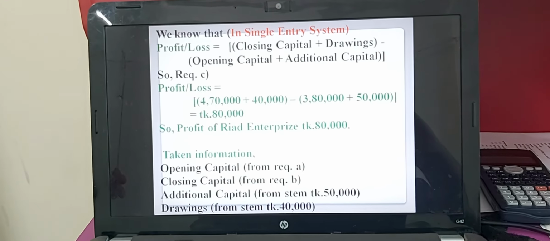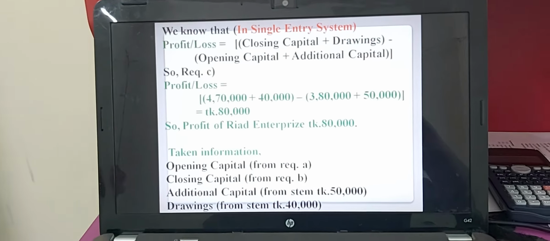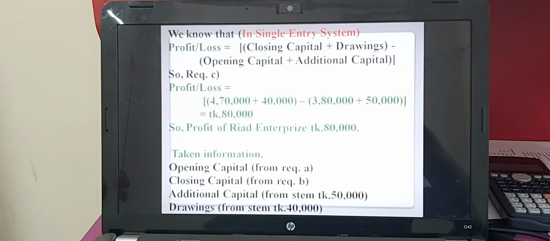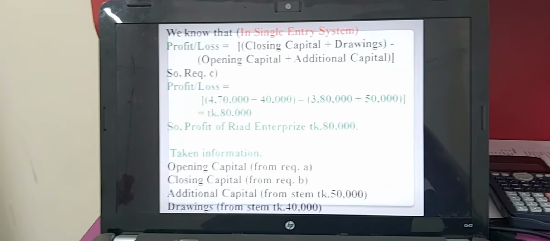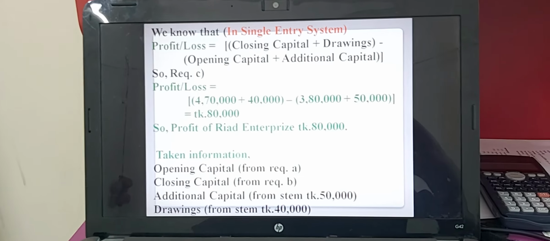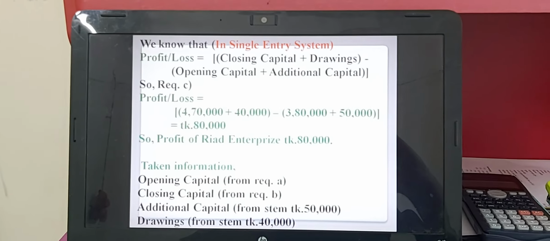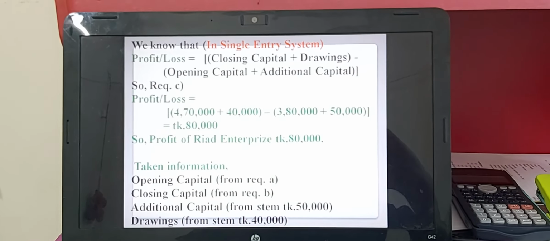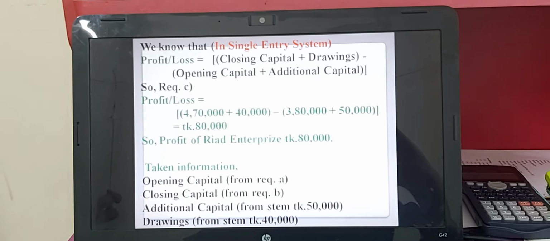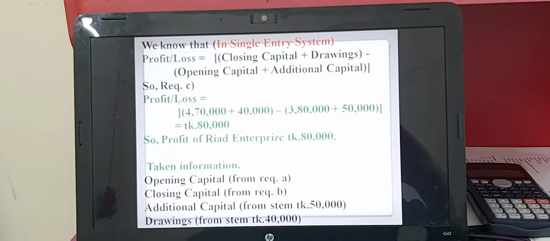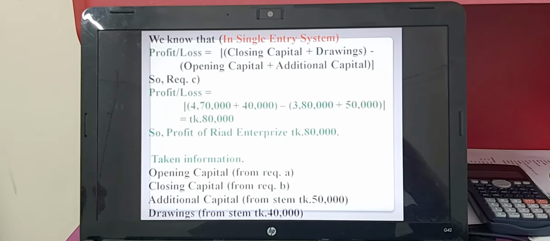minus opening capital. We have already found out opening capital in requirement A, that is the amount of 3,80,000. So you can take the amount 3,80,000 for opening capital plus additional capital.